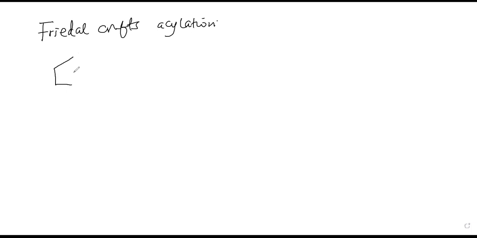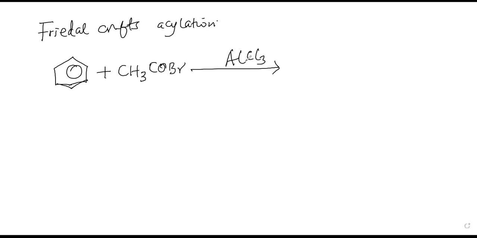So Friedel-Crafts. So we add an acyl chloride, it can be bromide, so CH3COBr, and aluminum chloride. At 50 degrees Celsius, we get phenylethanone.